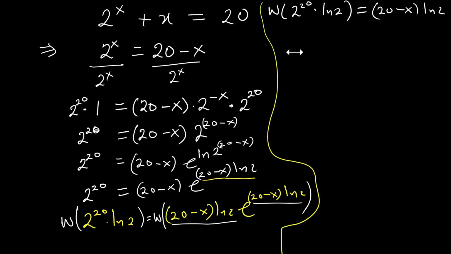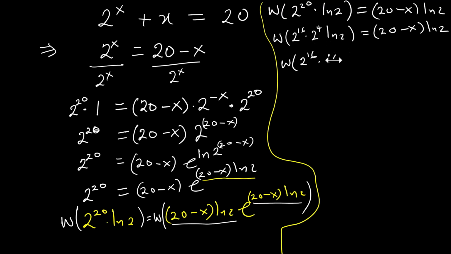If we can do some cancellation, we can write 2 to the power 20 as 2 to the power 16 times 2 to the power 4 ln of 2. So we have 2 to the power 16 here times, so we can say 16 ln of 2.